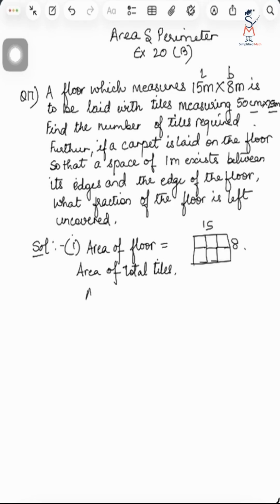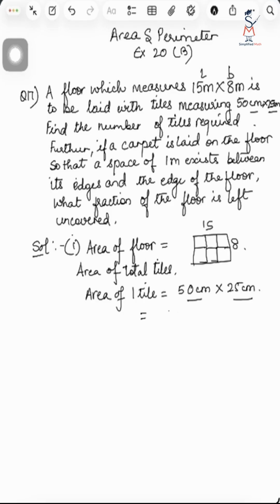Now first we will find area of one tile. What will be the area of one tile? This is 50 centimeter and 25 centimeter. This is area of the tile, length into breadth of the tile.